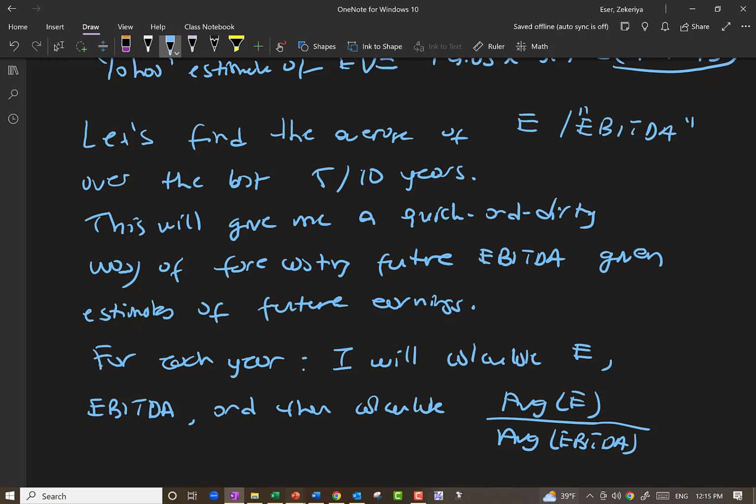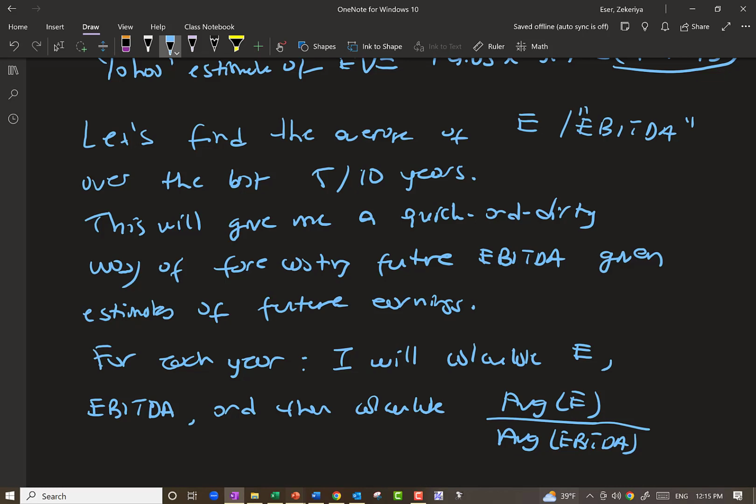An alternative way would be to calculate that ratio for every year, then take the average. But since certain years may have unusually high accruals, things like single charges, those individual ratios may be excessive.